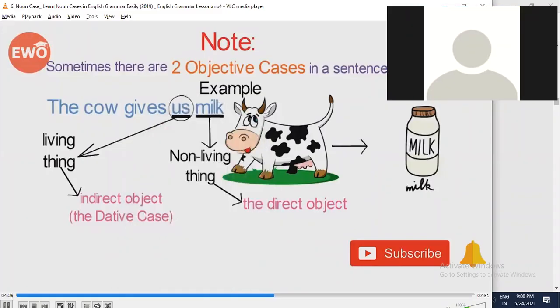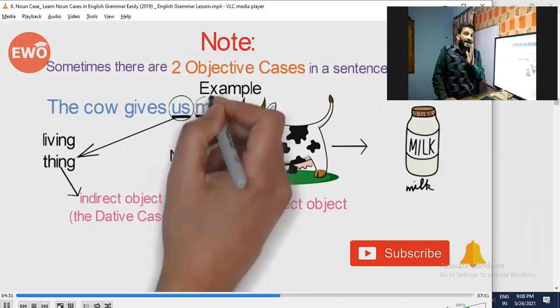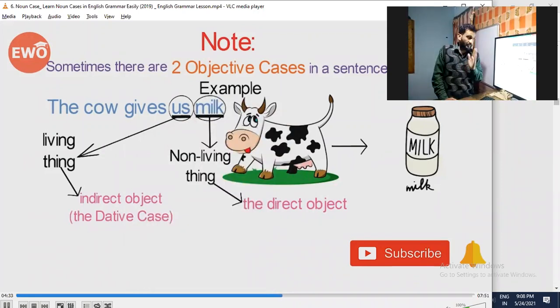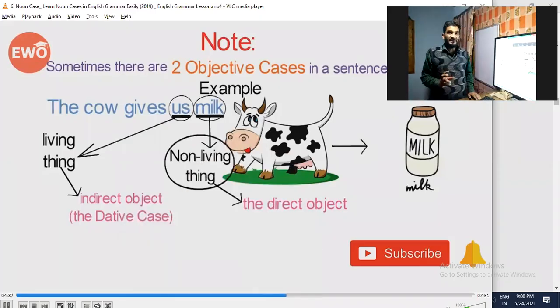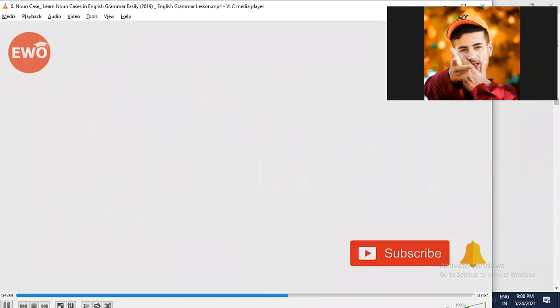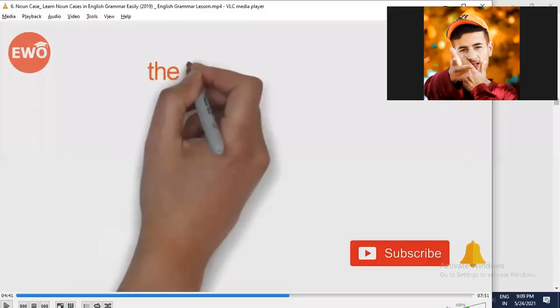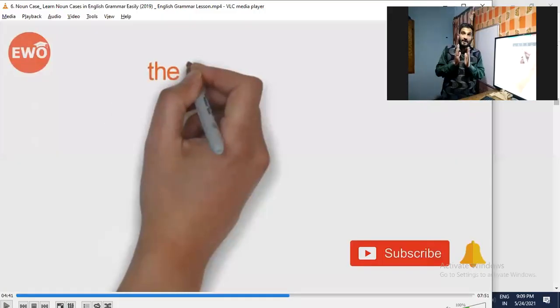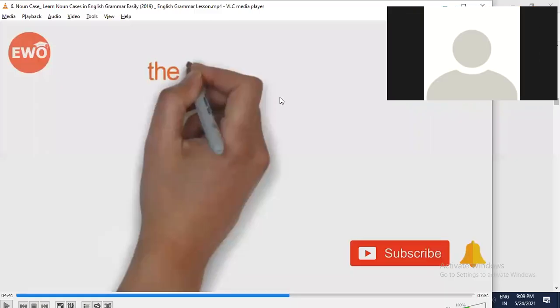Two cases of a noun. We have 5 cases of a noun or pronoun. When a noun is used in a sentence, we have how many cases? 5 cases. तो ये एक ही नाउन 5 तरीके से हम एक सेंटेंस में इस्तेमाल कर सकते हैं.